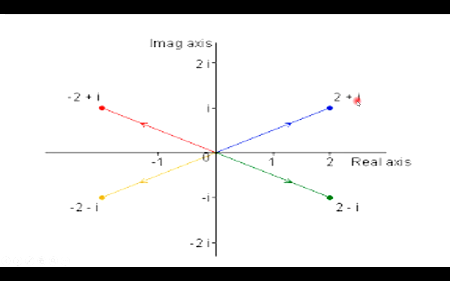Here we have plus iota, and here we change the sign and it is minus iota. So it is a conjugate of that number, and you can clearly see that the conjugate is like a mirror reflection of its original number. Its direction is changing, the magnitude remains the same, only its direction is being changed.